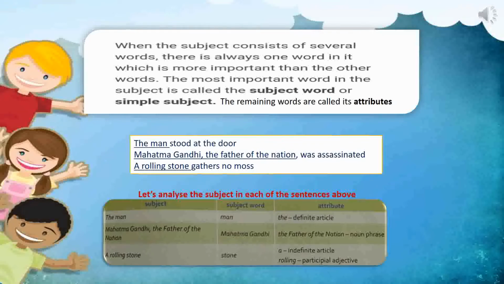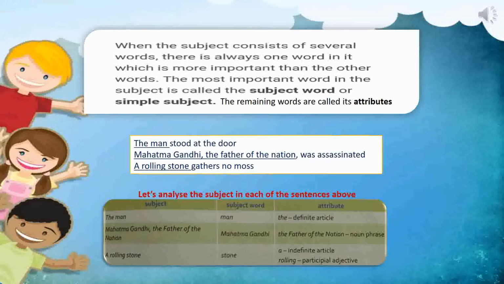Once again, the main word in the subject is taken as the subject word and the remaining words are called its attributes. So let us see the following 3 examples. The man stood at the door. Mahatma Gandhi, the father of the nation, was assassinated. And third one, a rolling stone gathers no moss.